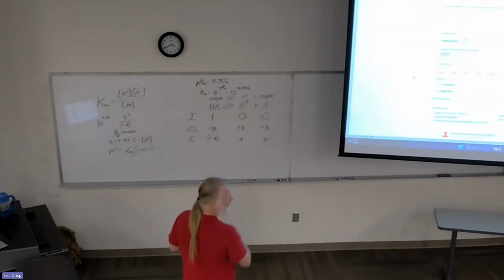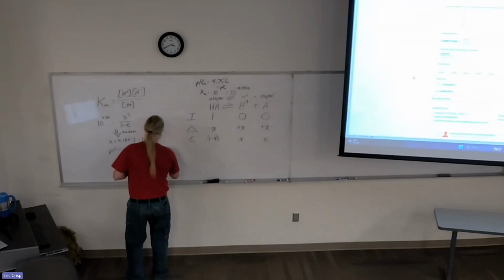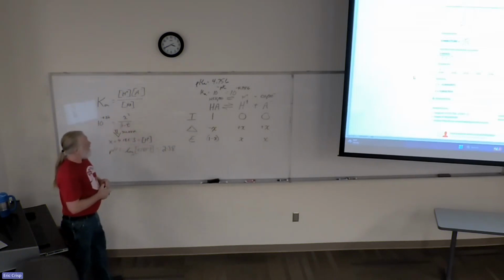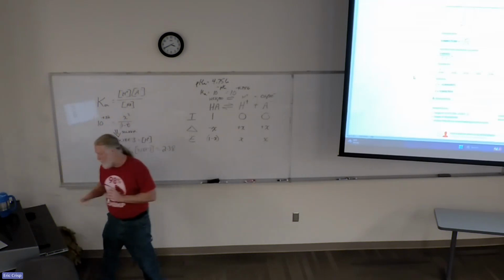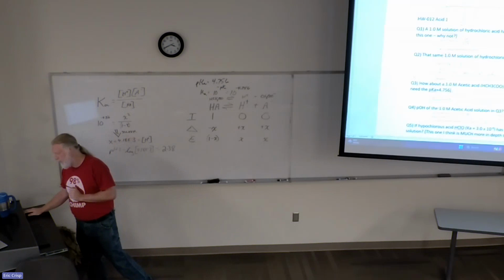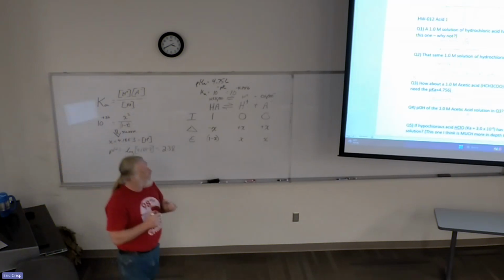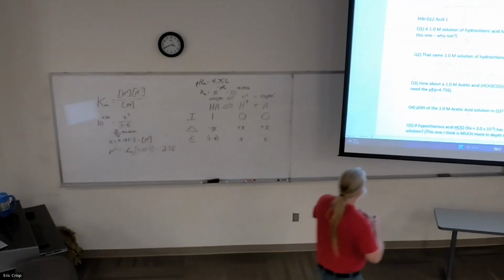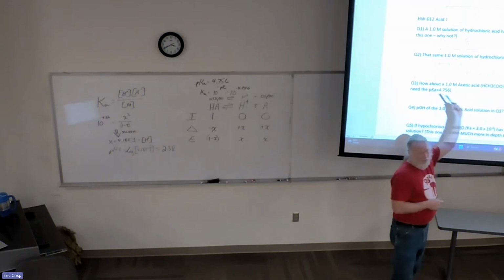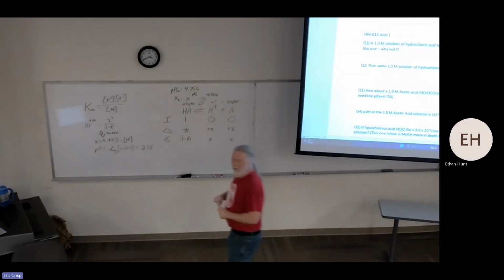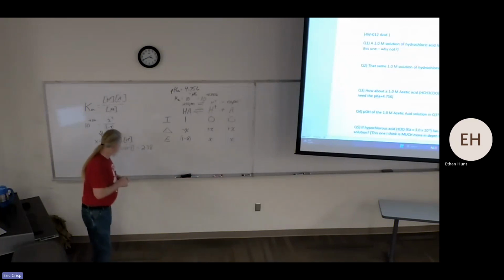2 what? 2.38. I'm not going to count off for this on an exam, but let's look at our problem again, and let's think about sig figs. How many sig figs do I have in the problem? I've got 2, right? This is upper level stuff that's going to matter later.